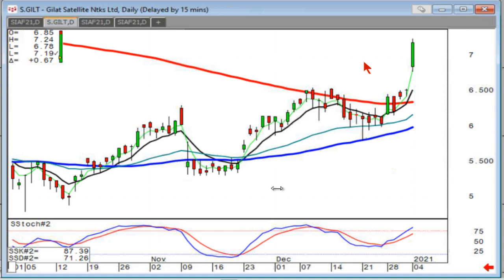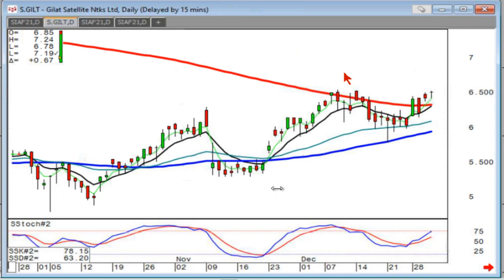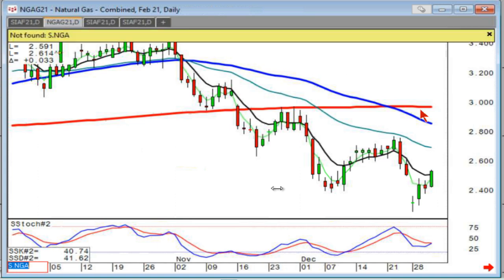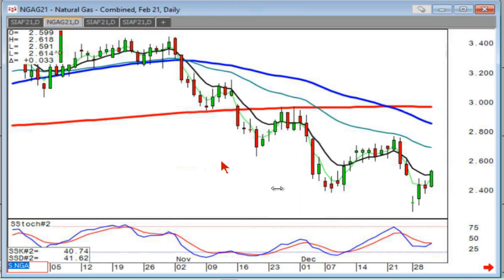Northern, okay, Genesis. Is that the right symbol? It says natural gas. So maybe I have to do stock.nga. And that's not working either. NGA, all right.